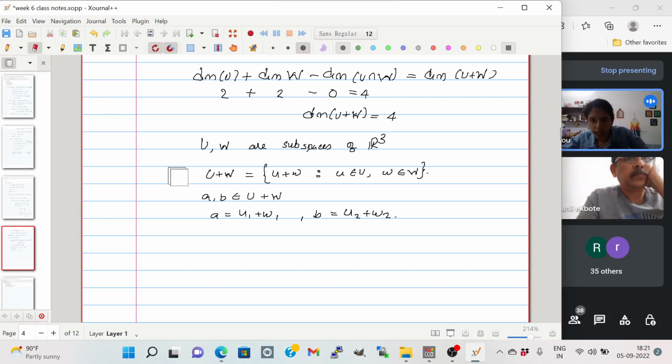Okay, let me take x and y. I am taking x and y in U plus W, and I can write x as some element u1 plus w1 and y as u2 plus w2.